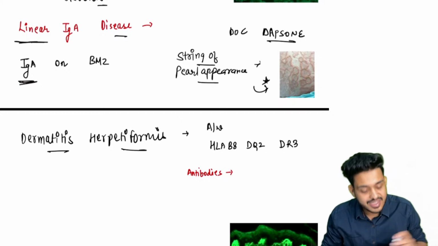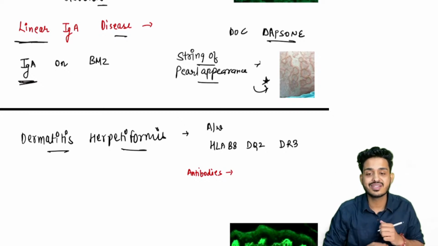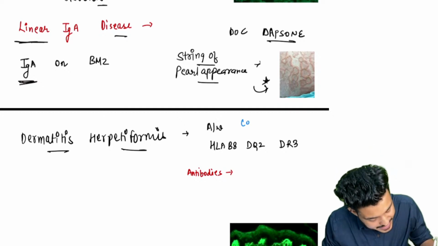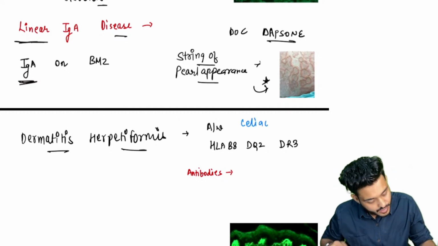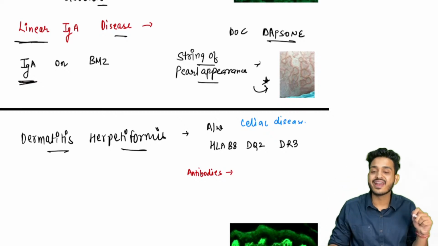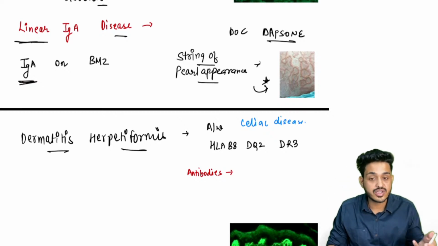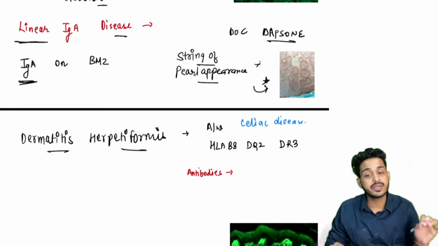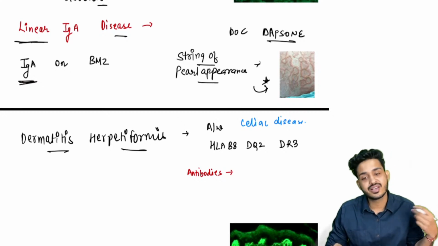So dermatitis herpetiformis is associated with a disease that is known as celiac disease. Okay, and it is associated with certain HLAs, that is very important: HLA-B8, HLA-DQ2, HLA-DR3.